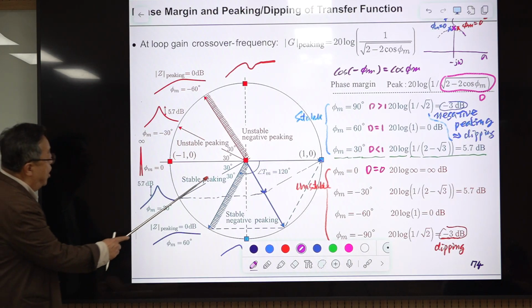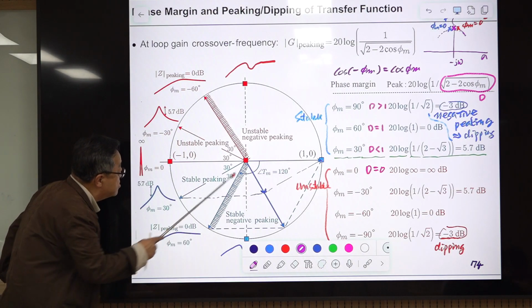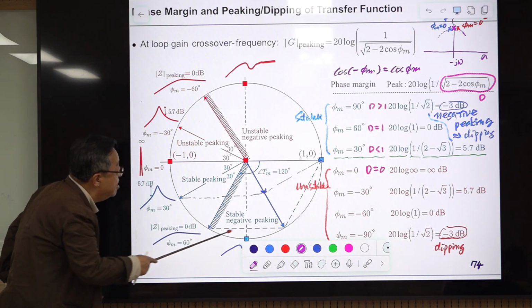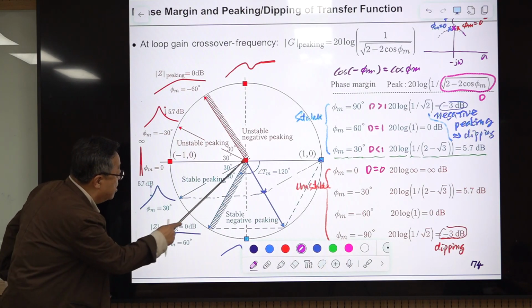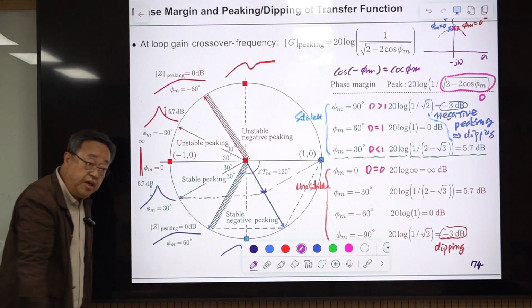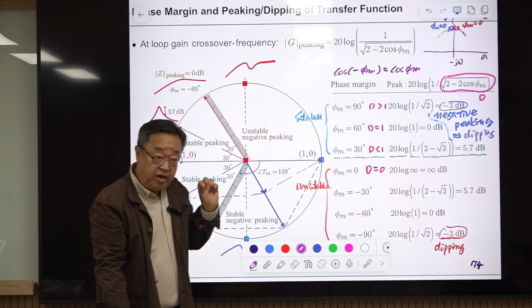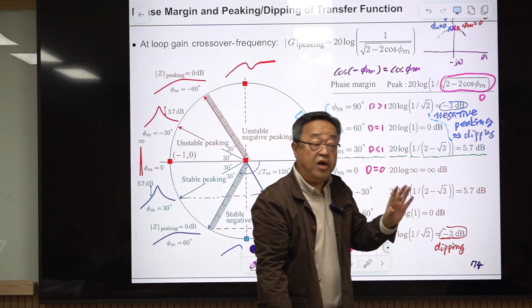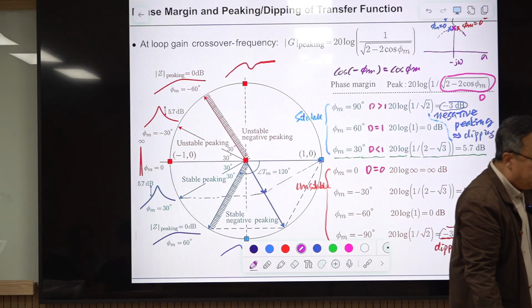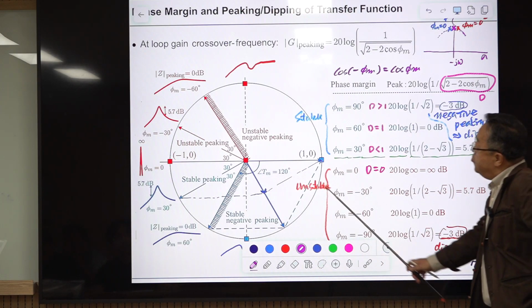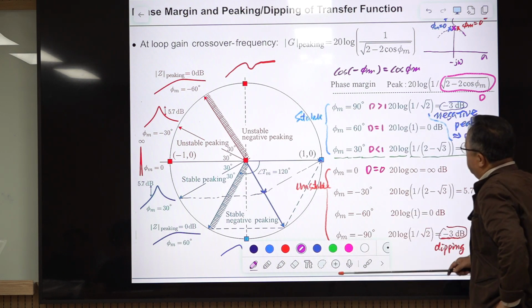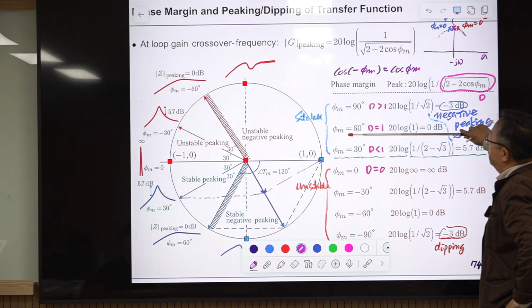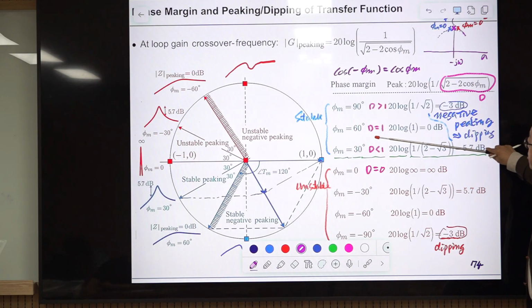When the phase margin is 60 degrees, then you have this triangle, and this triangle and this triangle are the same. They are equilateral triangles. In Korean, 정삼각형. So everything is the same. The unit is 1, the length is 1. Then we don't have any peaking because the denominator becomes 1.